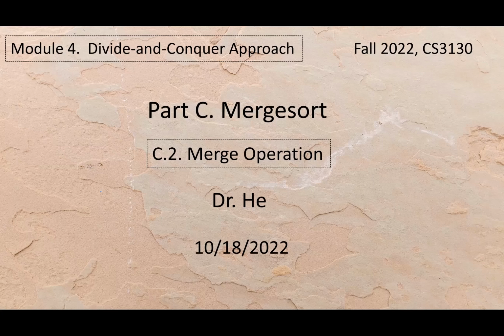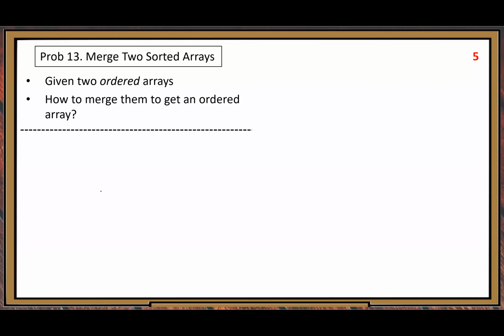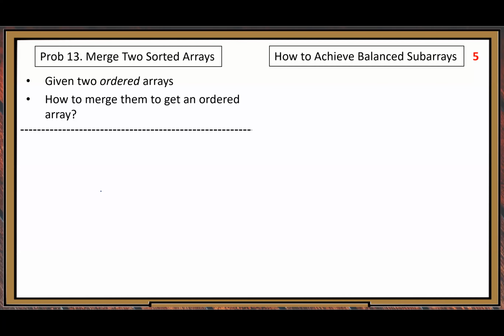All right, then let's look at C.2, the merge operation. We want to merge two subarrays with almost equal data size, okay? How to achieve balanced subarrays? Divide and conquer.